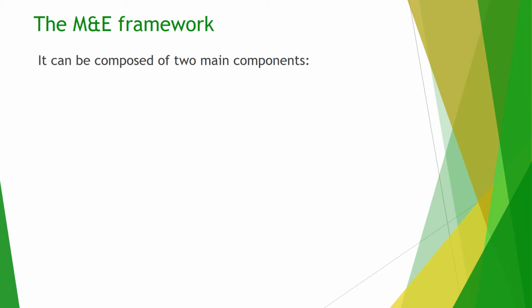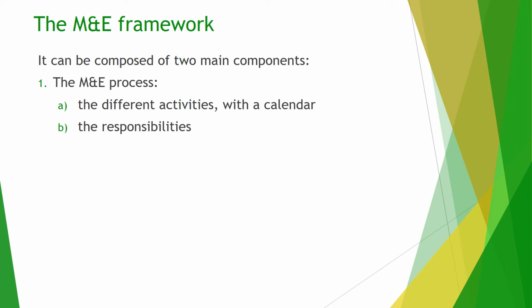Therefore, such a monitoring and evaluation framework can be composed of various components which can be grouped under two. The first component would be more looking at the actual process. What are the different activities with a calendar and the responsibilities of the different actors?